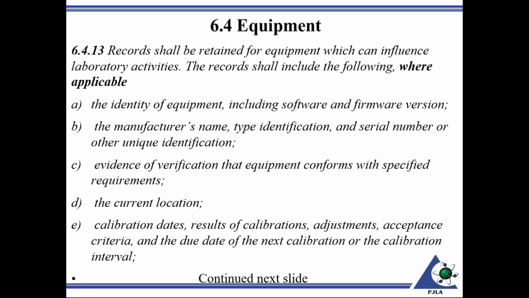And this, of course, includes the identity of equipment, including any software and firmware, manufacturer's name, type information, serial number, and evidence of verification that the equipment conforms with specified requirements. Location may or may not be applicable. If all the equipment is always in the same place, it would be an NA. Perhaps you have technicians that are assigned different equipment that actually go on site to perform the testing or calibration, and that would be applicable.